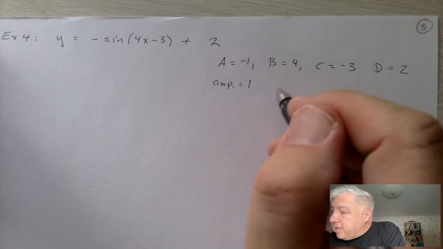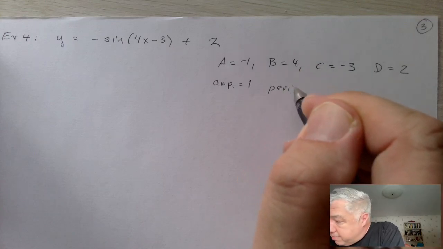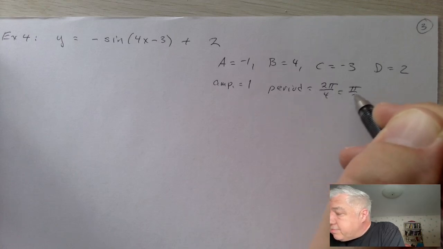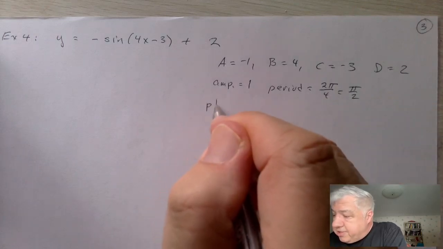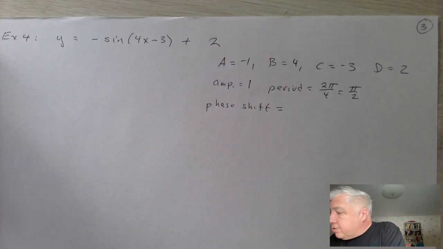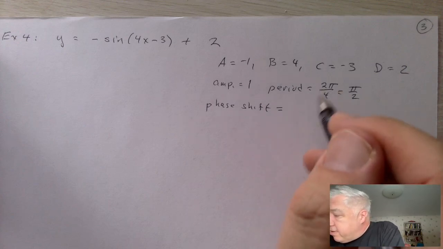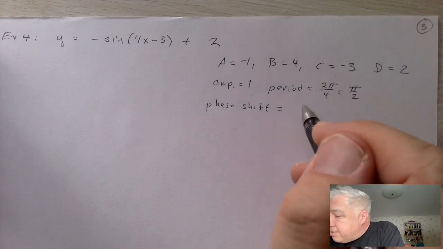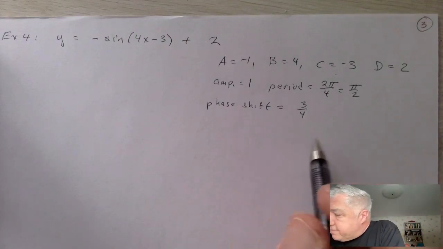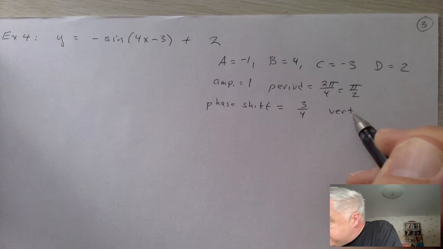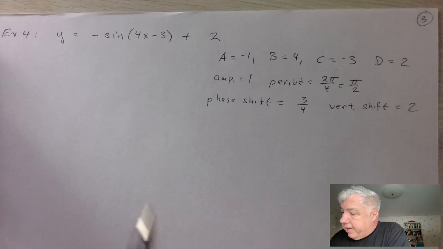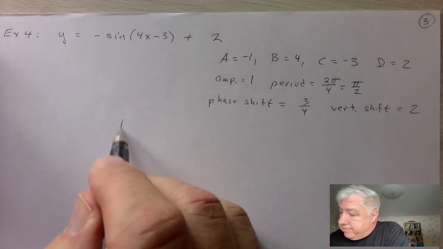The period is 2 pi over 4, which is pi over 2 after we simplify it. The phase shift is equal to 3 over 4, right? Negative C over B is positive 3 over 4. And then the vertical shift is 2.